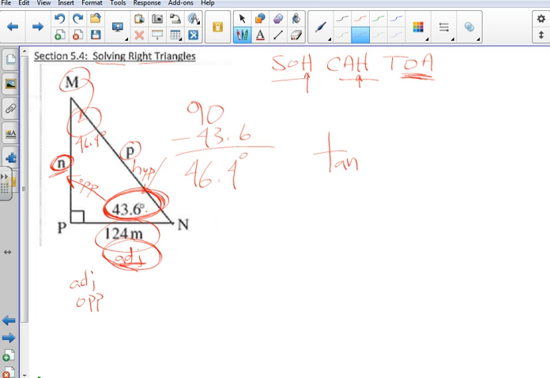Tangent of the angle, 43.6, is going to equal the opposite, which is n, over the adjacent, which is 124. And then we simply solve that. This is going to be a continuing thing. We've picked the right trig function and set this up, and basically you're going to be missing one of three things: either the angle or a side or one of these two sides. If you have this situation, just multiply both sides by 124.